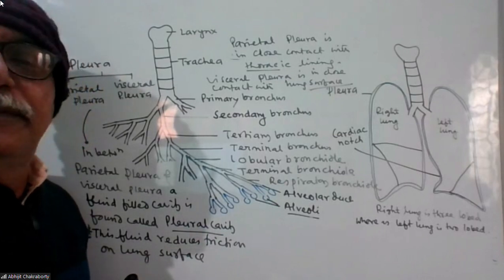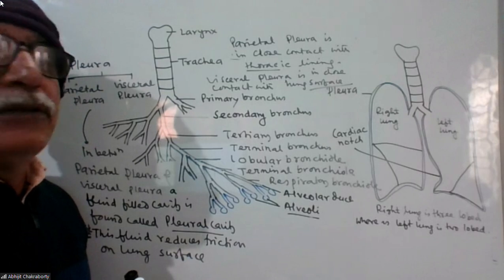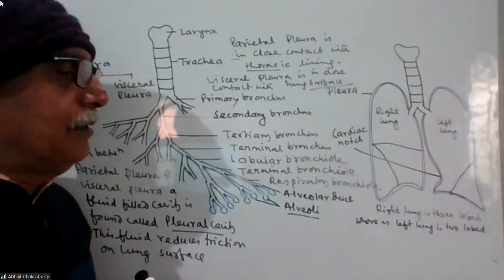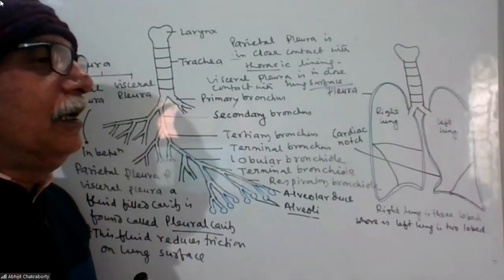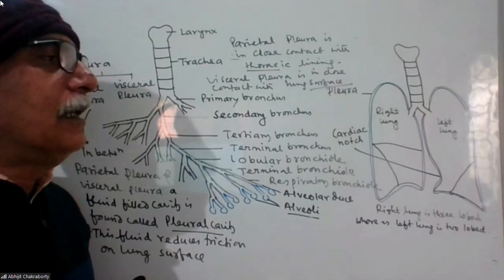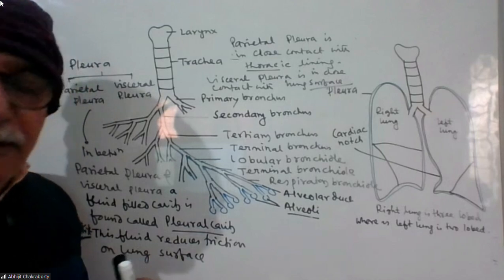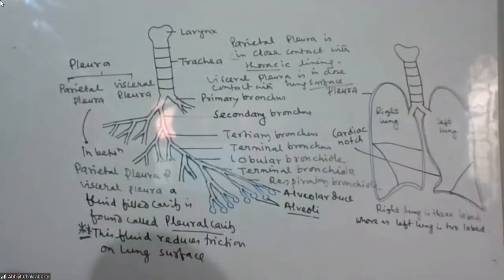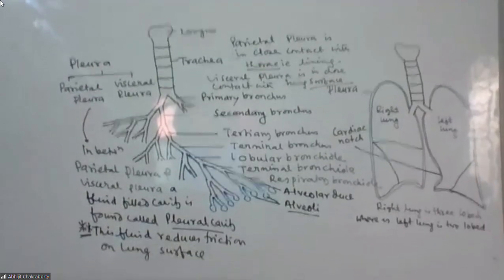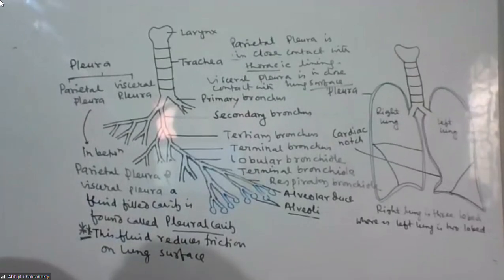Clear? Such concavity is found in the left lung in order to facilitate accommodation of the heart there. Remember this thing. What is the difference between right lung and left lung? Right lung is three-lobed.